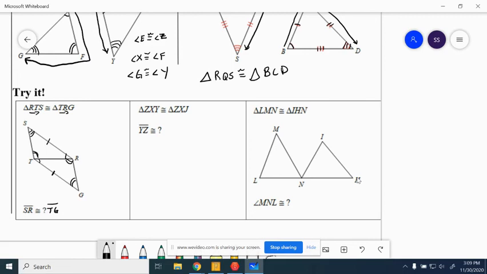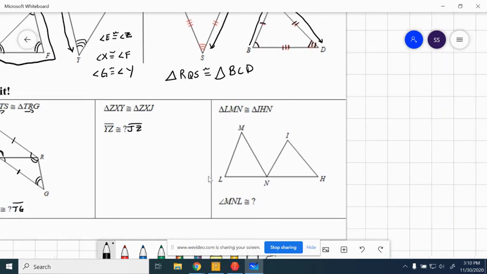All right, and so we're looking at segment YZ, which would be Y and Z, the last and the first. So we know that we can do the same thing for our congruent triangle and call that segment JZ. Okay? So that little trick might help you save some time.